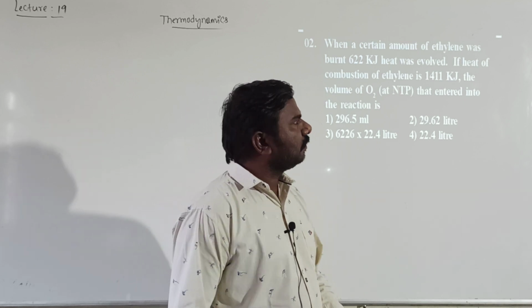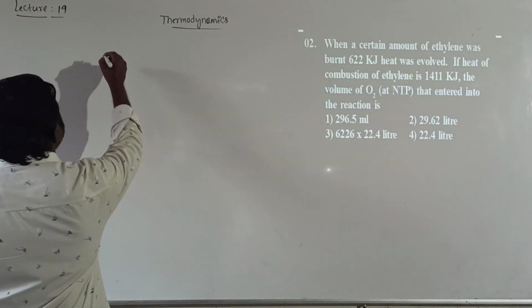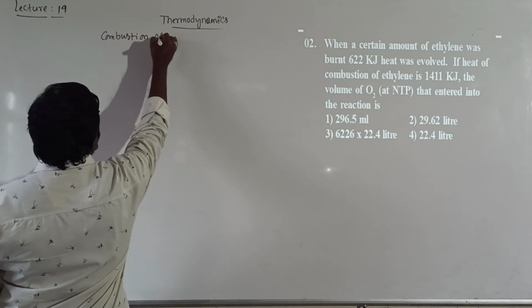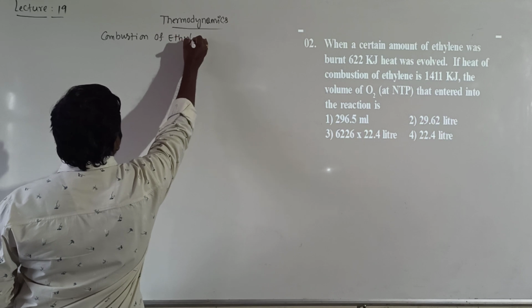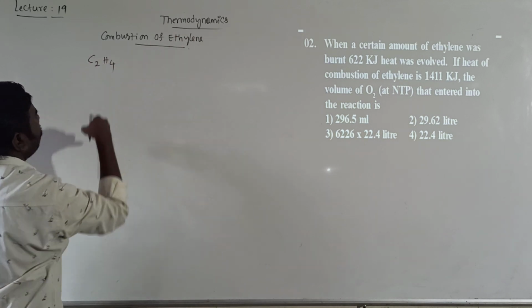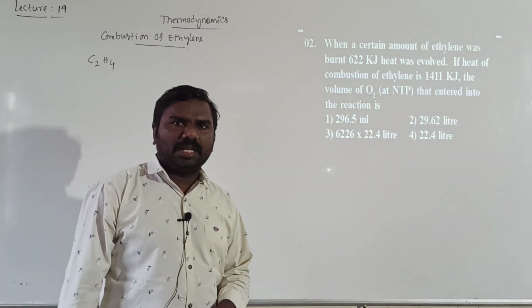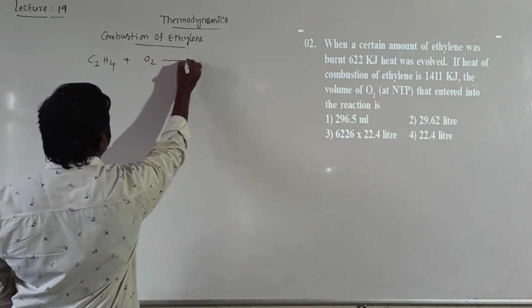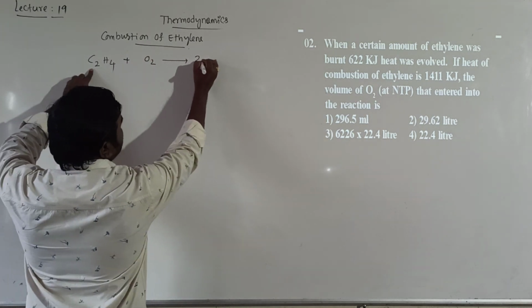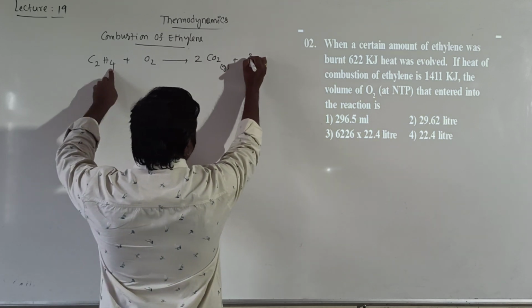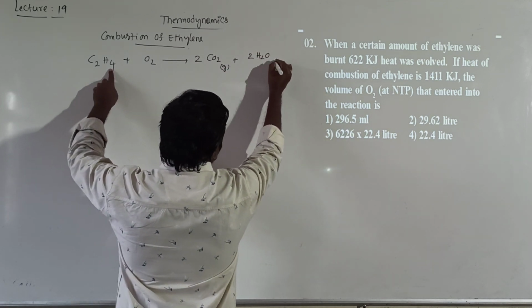Now, first of all, the combustion of ethylene reaction must be written. That is, ethylene means C2H4, ethene, plus oxygen gas gives rise to 2 CO2 gas, plus 2 H2O liquid.